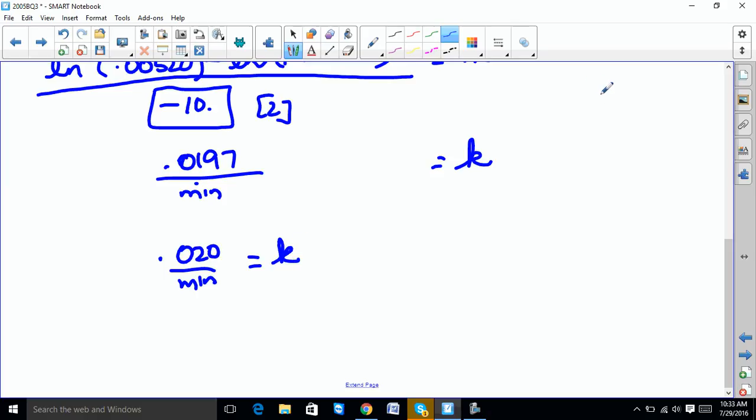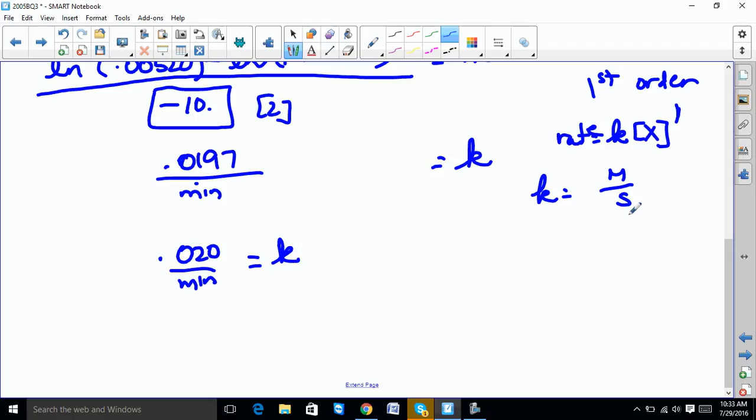Okay, remember how this is first order? So in a first order equation where rate equals k times the concentration of x to the first power, well, k is always going to be rate, which is always in molarity per second, or sorry, in this case it's minute.